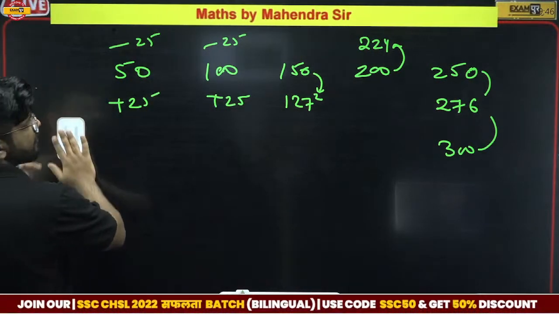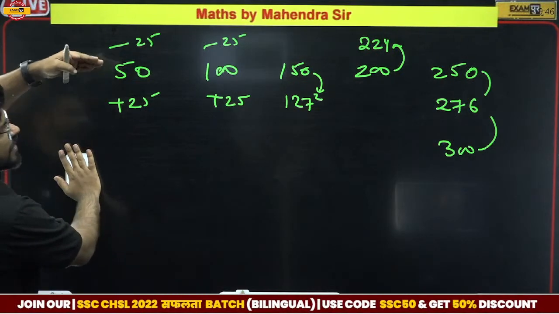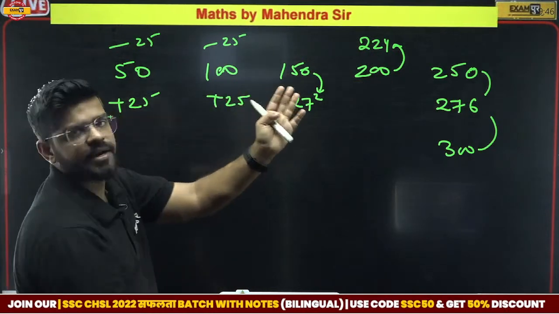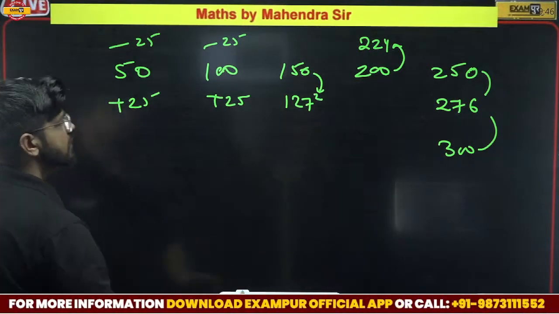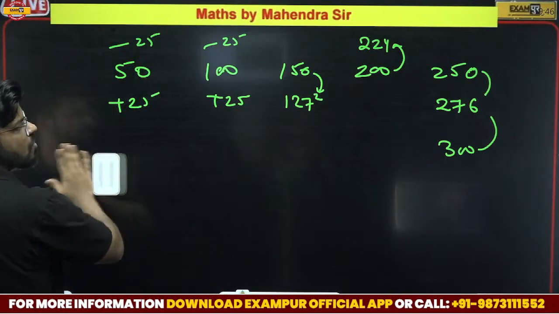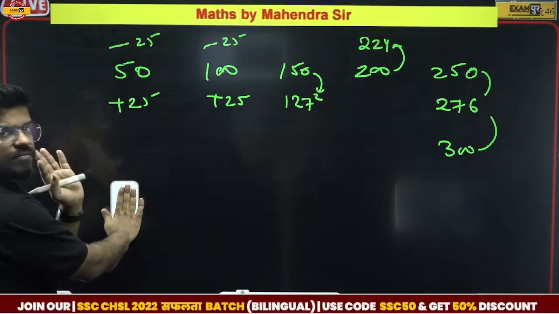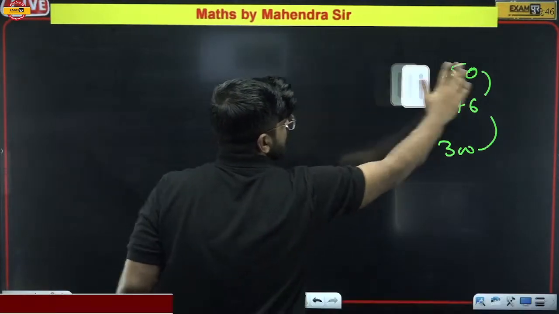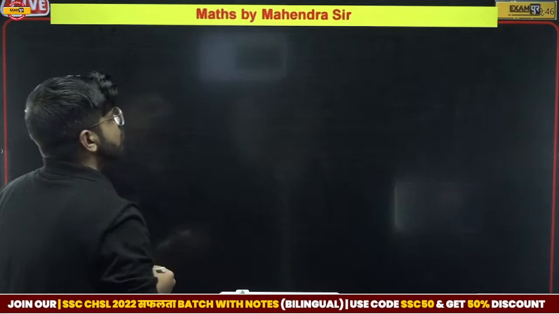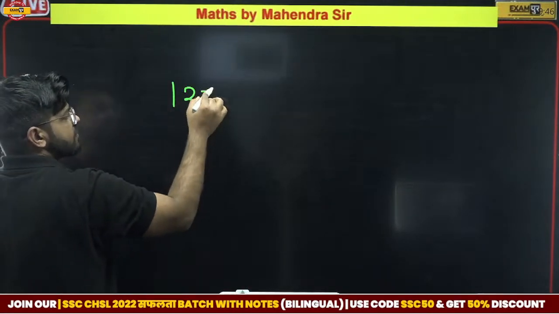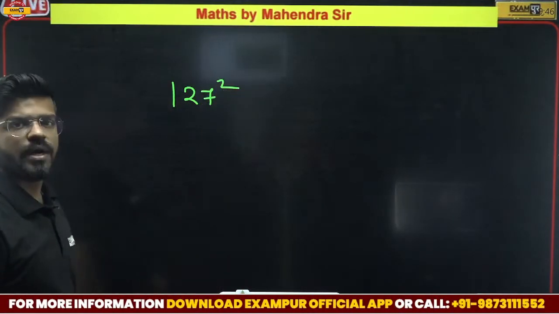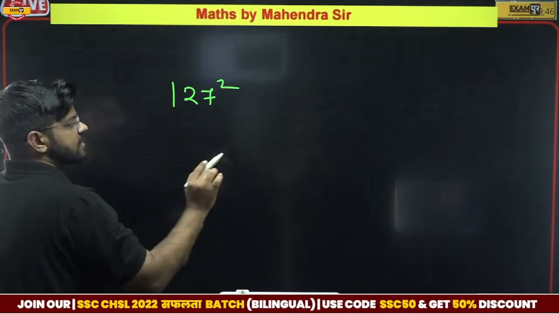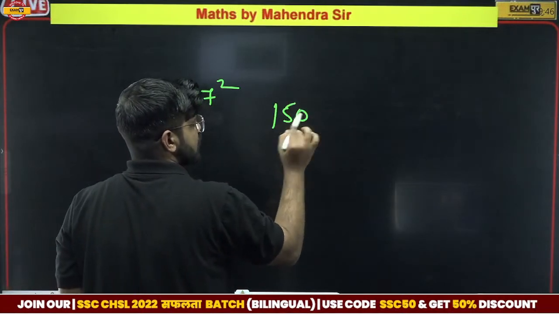So far we have seen 50 and 100. Now I'm going to tell you how to calculate for 150, 200, 250, 300. There is a simple twist there, otherwise the whole trick is the same. Let me do it roughly. Suppose we have to calculate 127 square. I have to see how much less than 150 this number is.